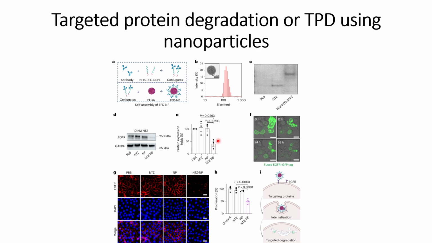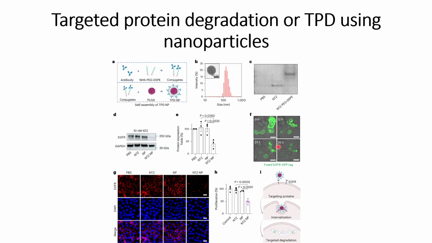Afterwards, they also checked the EGFR signals, or at which locations this EGFR has been degraded, using a microscope. We can see that after about 24 hours they are able to see a decrease in the signals from the plasma membrane, indicating that the EGFR expressed on the cell surface gets degraded.